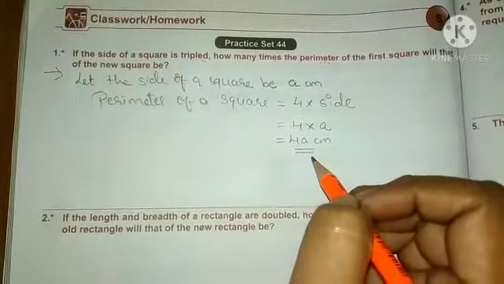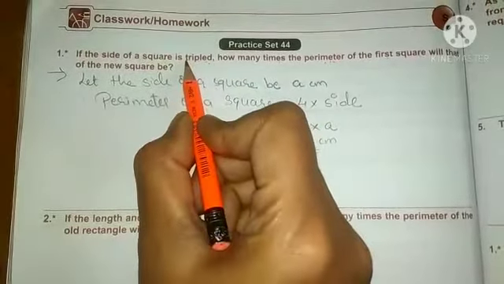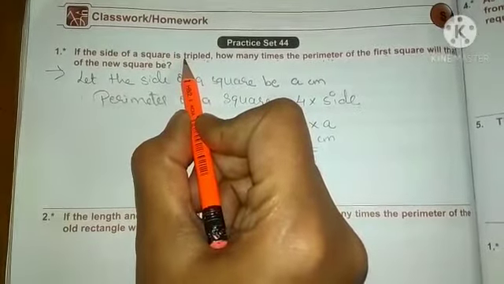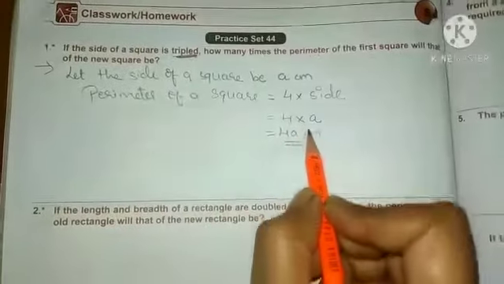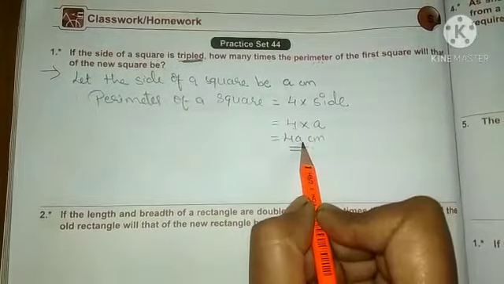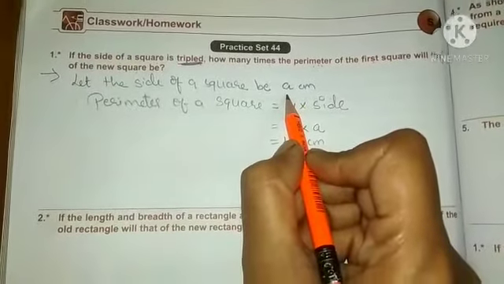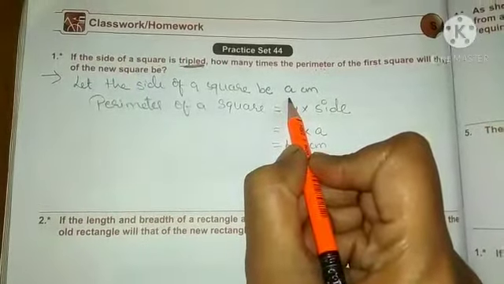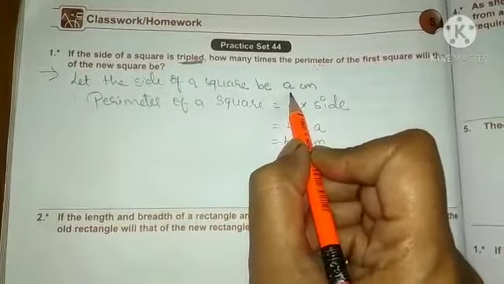Now what we have to find out? We have to find the perimeter of the new square, and the side of the new square is tripled. Clear? So what we have taken for the first square, we have to take it as triple. For the first square, the side we have taken is a. So for the new square, we have to take the new side as triple.